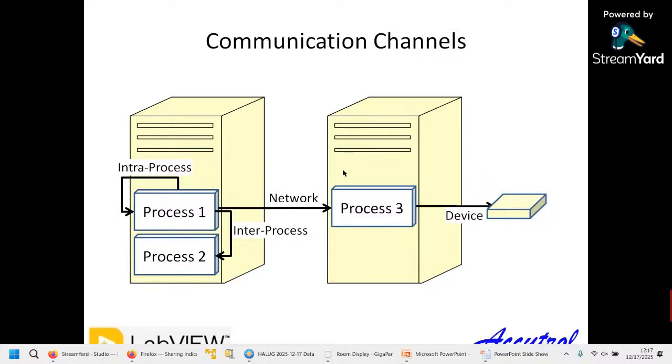The next one, which we're really not going to talk about, is between a process and a device, like a PLC or a sensor, something that doesn't have much computing power. There's inter-process communication, between 2 processes on the same computer. And finally, network communication, between processes that live on different computers.